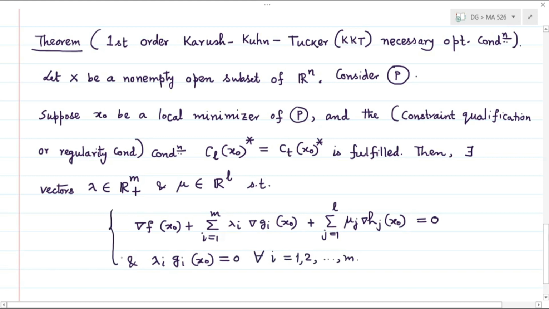Fine. Let me quickly prove this result, then I will come back to several discussions on this theorem.